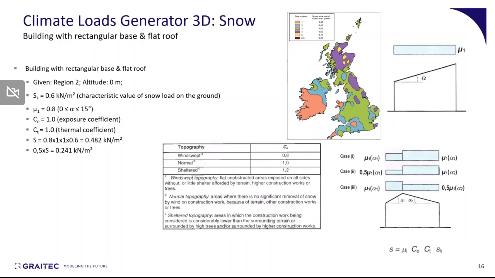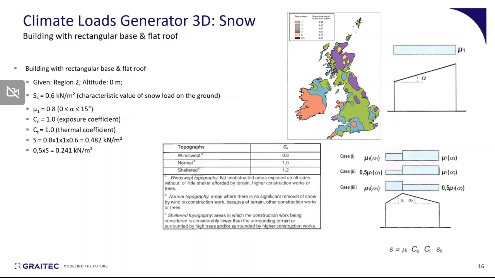And the final one, the CT, is the thermal coefficient and is associated basically with heat transfer and how easily or difficult the snow might melt on a roof.